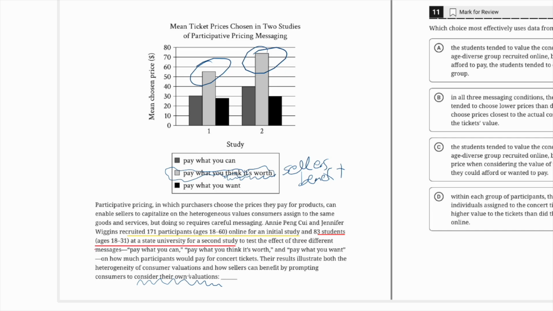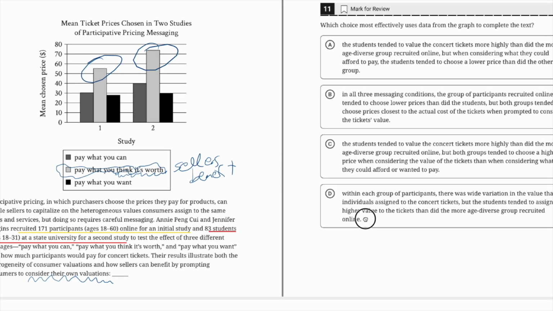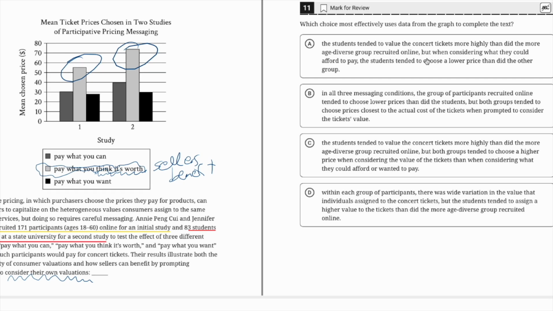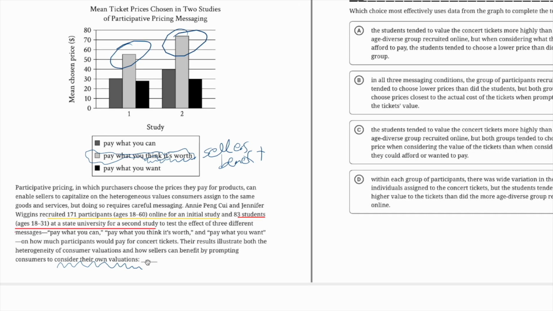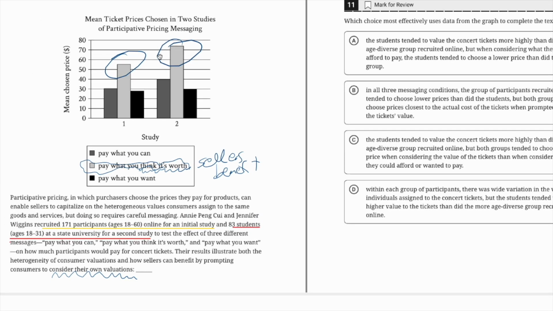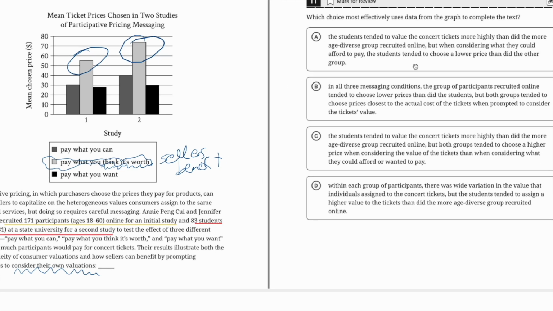What they think it's worth, considering their own valuation. So in both studies, the pay what you think it's worth category paid the most. I mean, there's going to be another part of it, the heterogeneity of consumer valuations, but I want to first look for something that emphasizes that point.